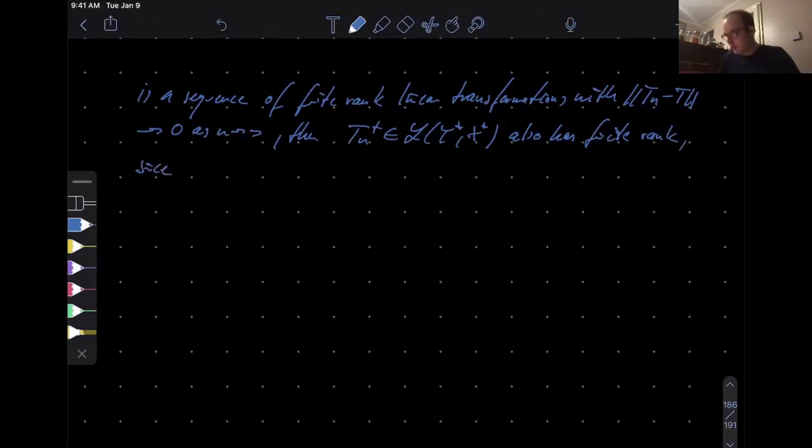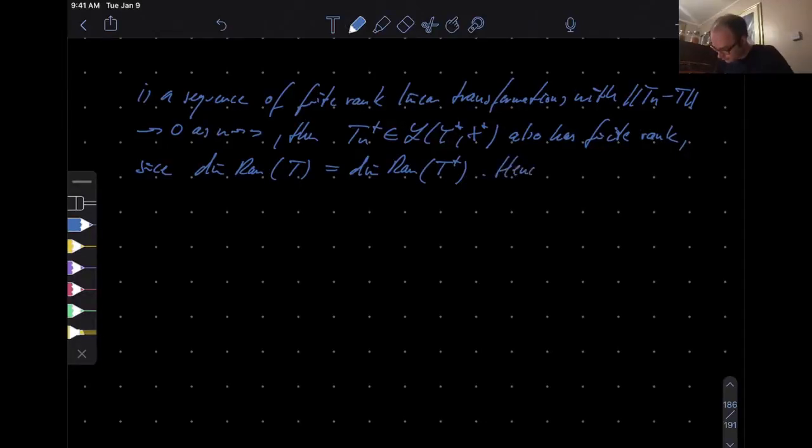Since, and this I will put on the exercise sheet, it is not hard to see that the dimension of the range of T is equal to the dimension of the range of its dual transformation. This just uses the definition of the dual transformation, how it acts. So if one of these two sides is finite dimensional, the other one has to be finite dimensional as well. Right, so this will be in the exercises, all right?